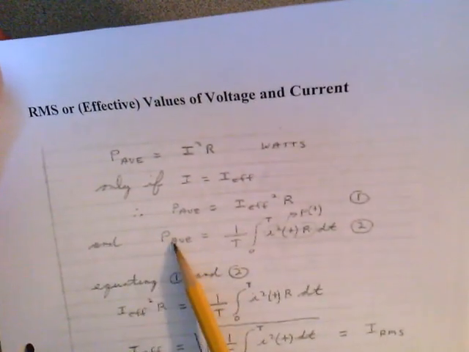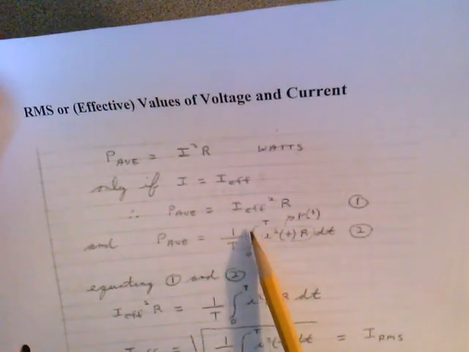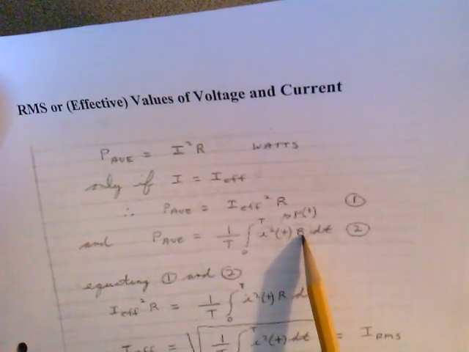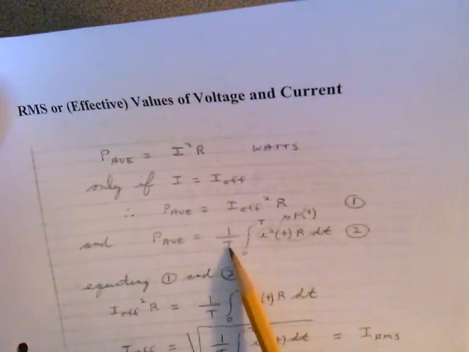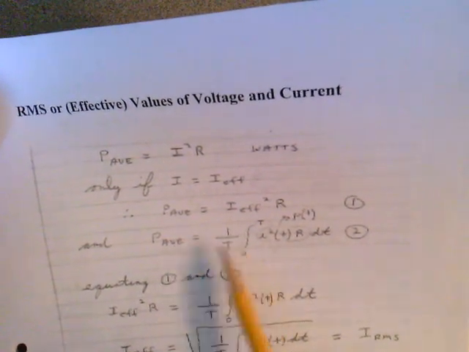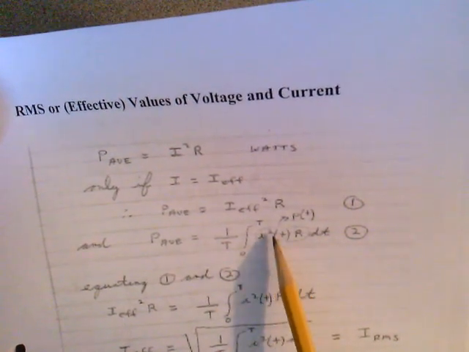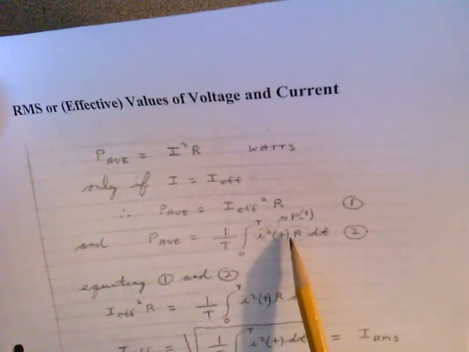We also know that the average power is the instantaneous power, I squared R, over one period, 0 to T. That's the average divided by the period. So the average power, or the true power, if you have AC, is equal to I squared R. It's that formula we had on the previous page.